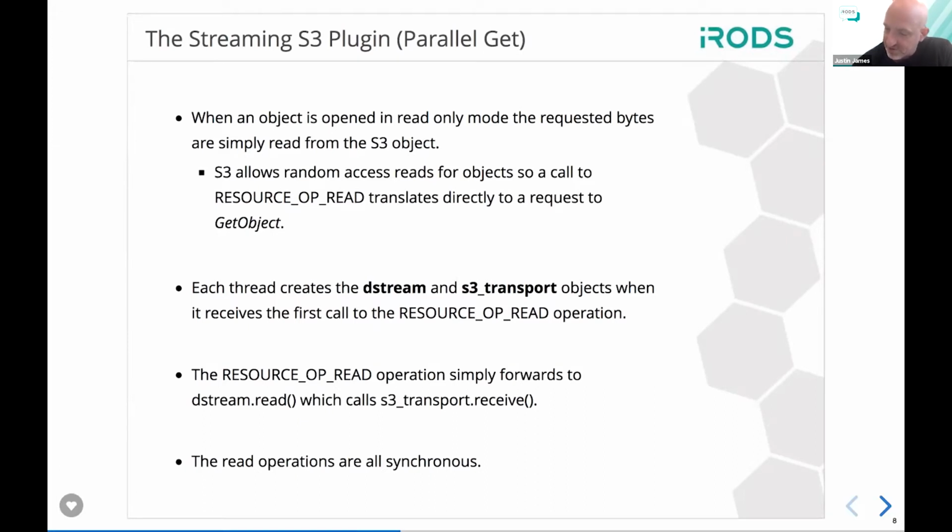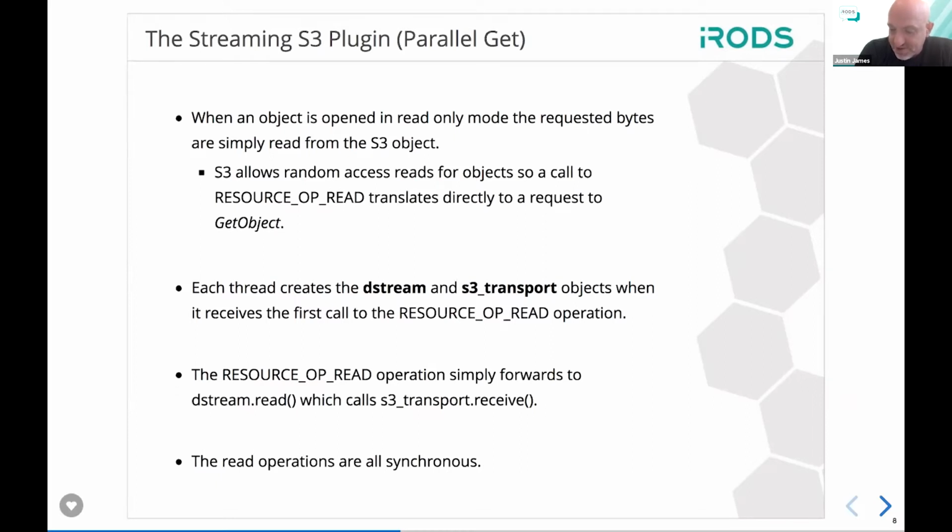Parallel gets are simpler than puts because S3 allows random access reading from the objects. The request for bytes from iRODS can be translated directly to a GET request in S3. So all we have to do is forward the request in iRODS to S3.